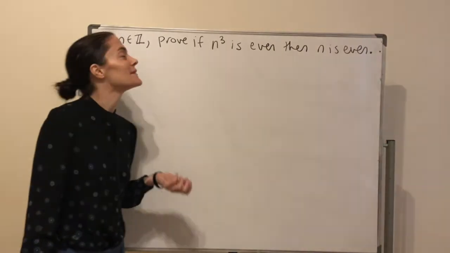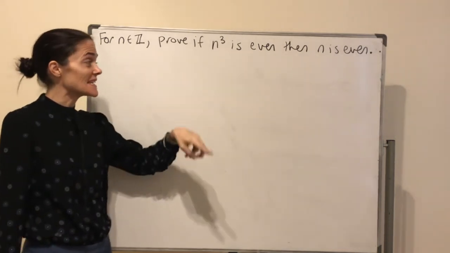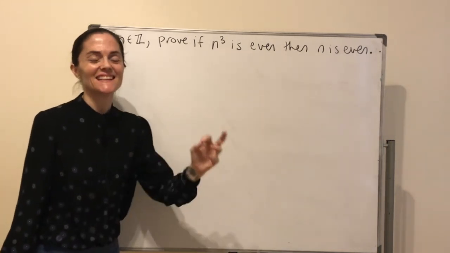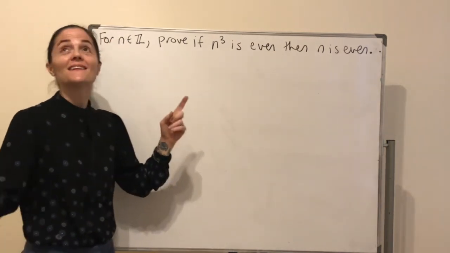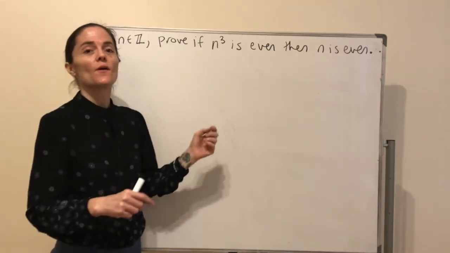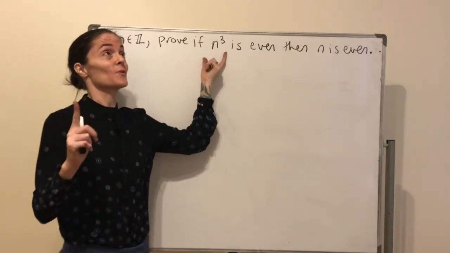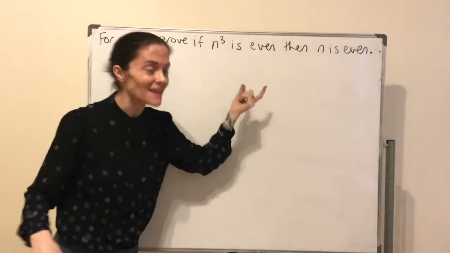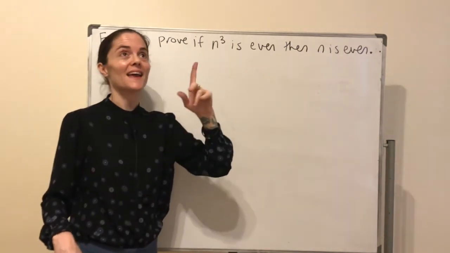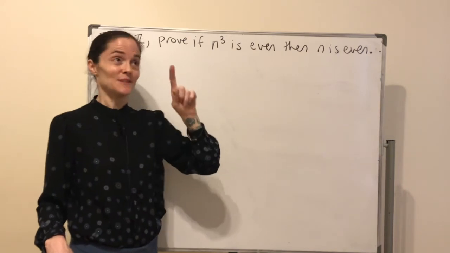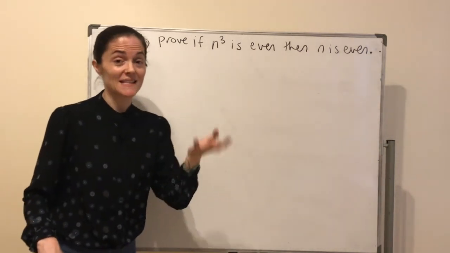Next example. For an integer n, if n cubed is even, then n is even. Now this is very similar to, two examples ago, where if I start directly, we can just think about the proof for a moment. If I start by assuming n cubed is even, okay, n cubed is of the form 2k for some integer k, and then I want to show n is even.